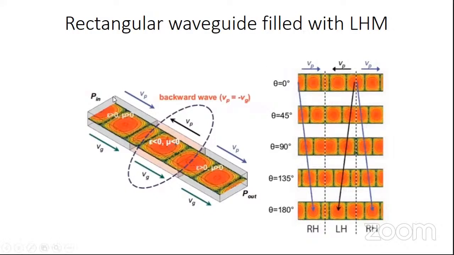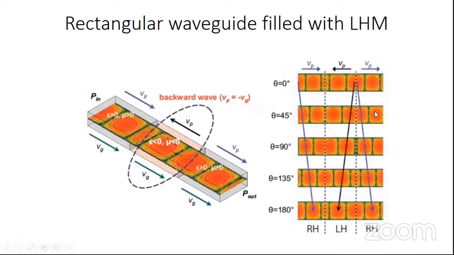The phase velocity in the first and third regions is in the positive z direction, whereas in the middle section the phase velocity is reversed. Why? Because for a backward wave, Vp is minus Vg. What is phase velocity? Omega by beta, right? So it depends upon the phase shift constant beta also.